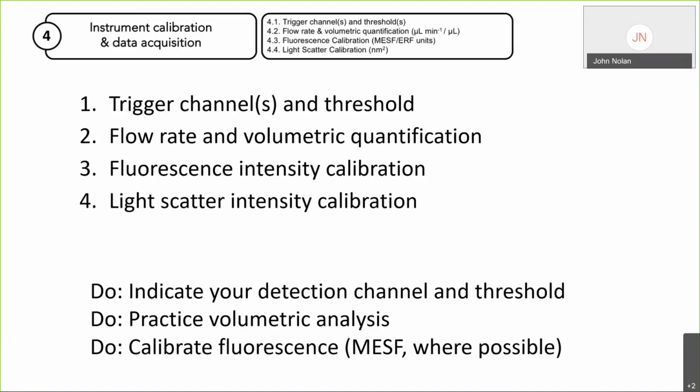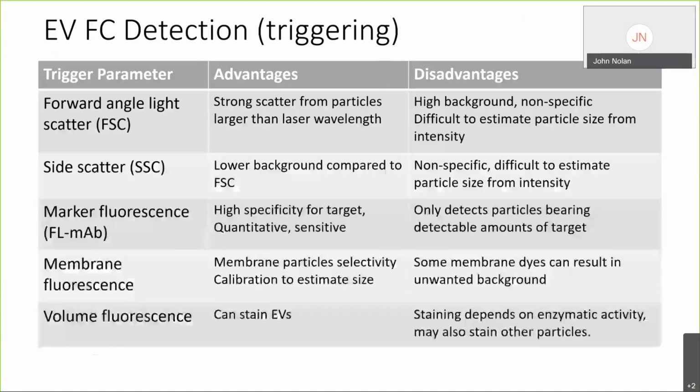I mentioned earlier for cell analysis, light scatter, forward angle light scatter, is most commonly used to detect vesicles. But that's probably not the best channel to detect vesicles with. Forward scatter works great for particles that are larger than the wavelength of light.